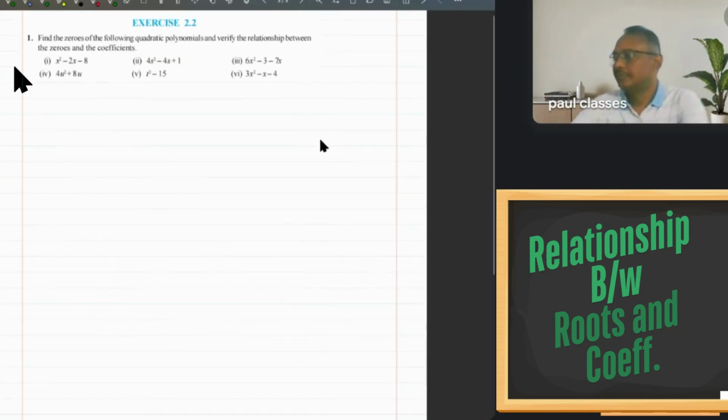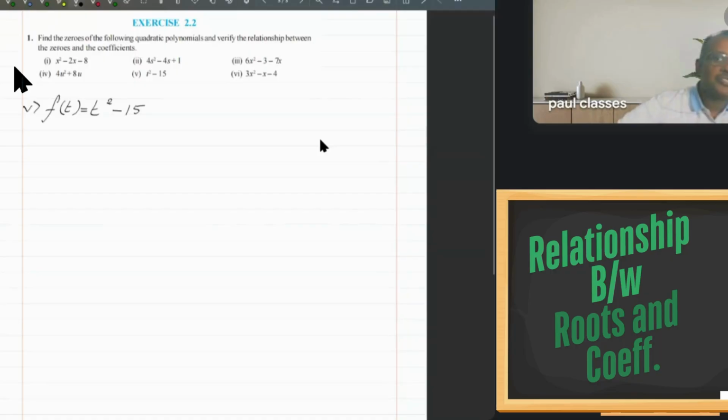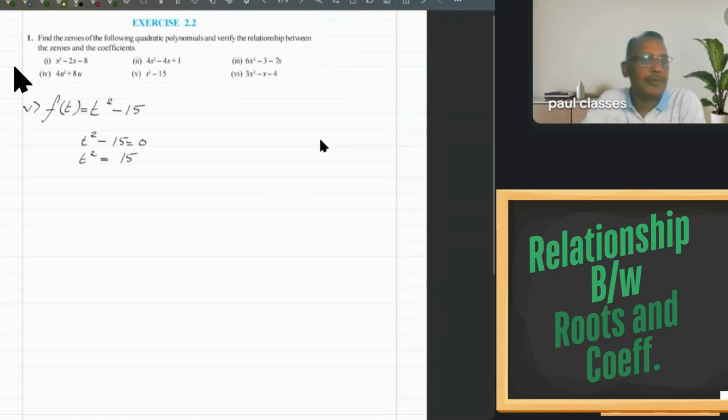Now, the fifth doubt, t square minus 15. I'll call that as f t, नाम दे दें इसको. Zeros निकालने के लिए what should we do? You should equate it to 0. T square is equal to 15.